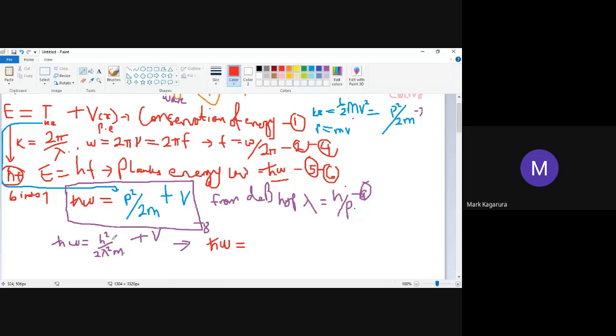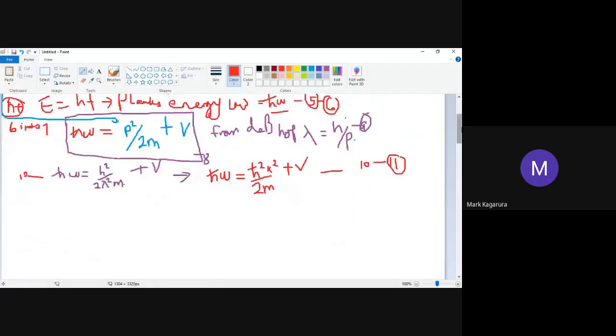So you can multiply this by 2π, which means we'll have to divide through by 2π. So it will be ħ squared over 2m times k squared plus V. So that's equation 10 to 11. The last one is 11, this one is 10. Okay, we go forward.